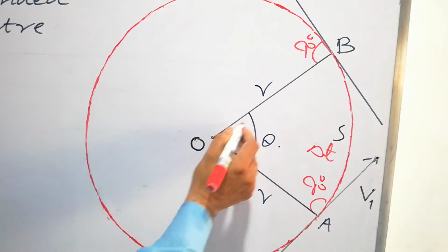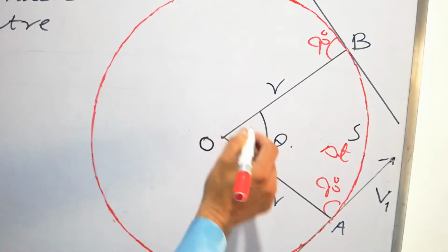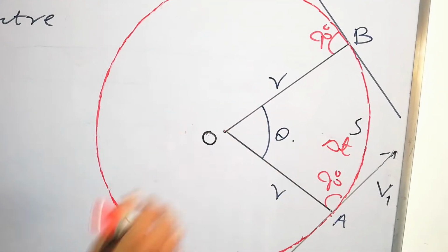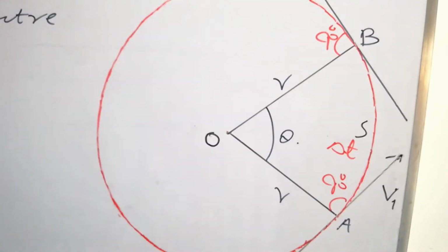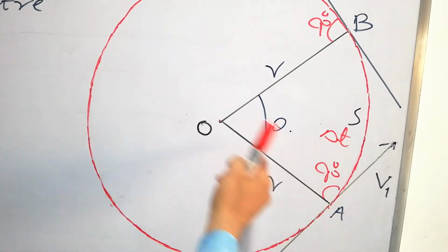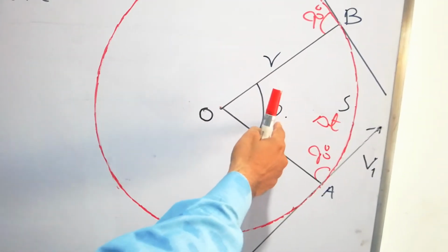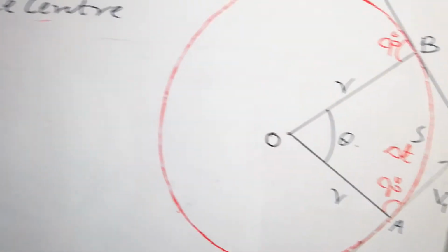That is named angular displacement, and it is denoted by theta.